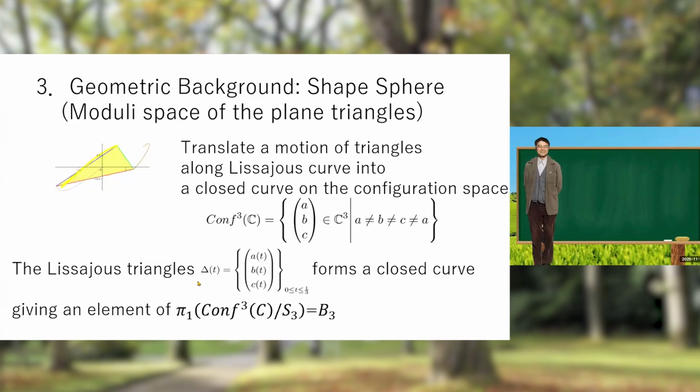Then the Lissajous triangles form a closed curve, giving an element of the fundamental group pi 1 of this configuration space divided by the symmetry of three punctures. And this is just the braid group of three strands.